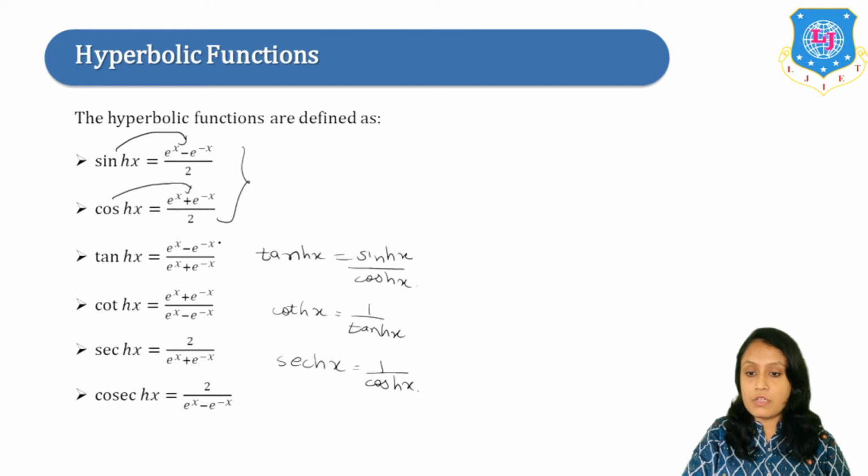So just reverse this, and we have 2/(e^x + e^−x). And at last cosech x is 1 upon sinh x. So we have 2/(e^x − e^−x). So we need to remember these two formulas and we can write all these terms.